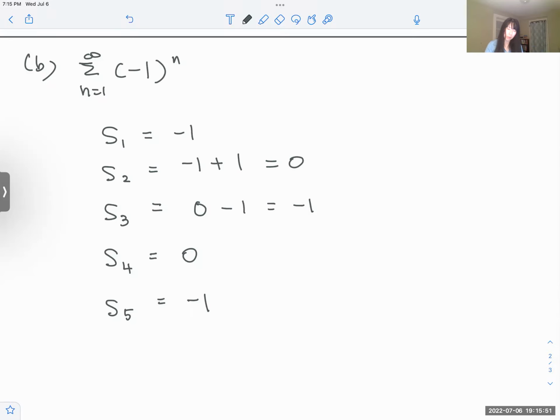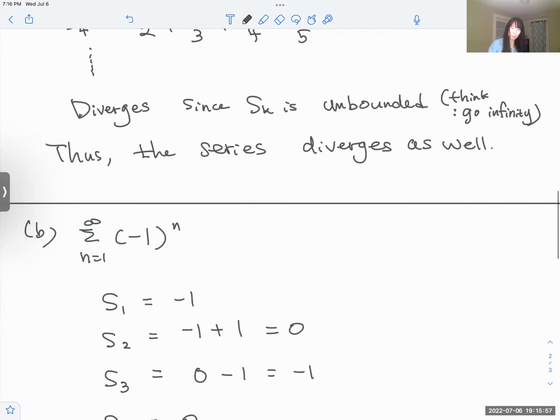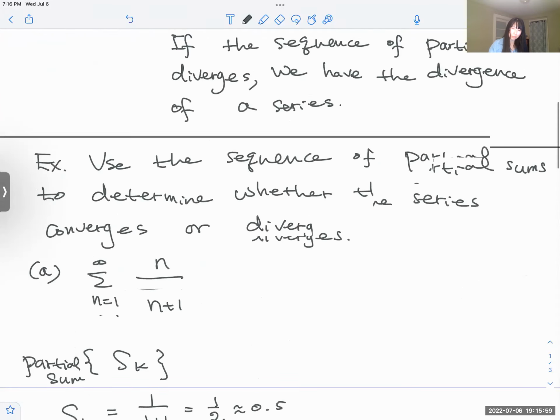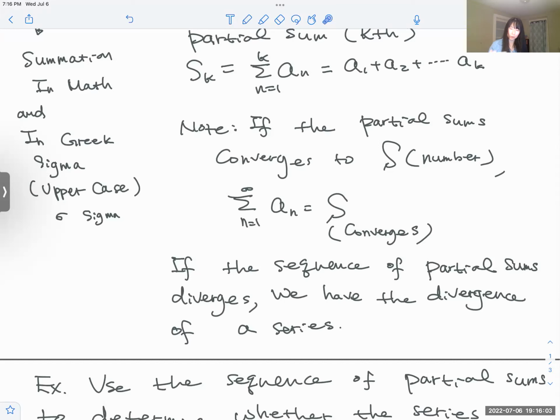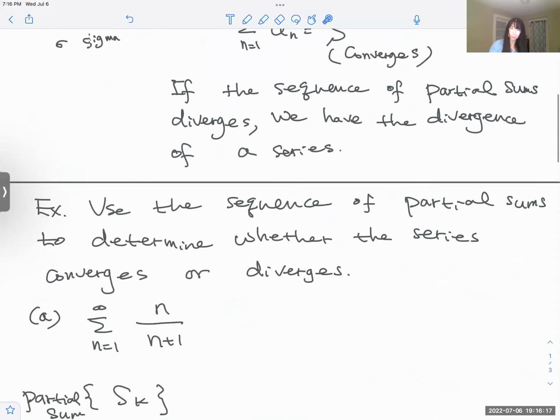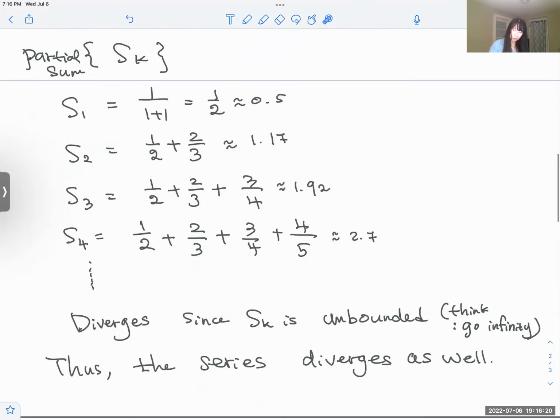I want to say it does not exist, but the book's definition says a series converges if it approaches a number, otherwise it diverges. So diverges seems like it does not exist in this book.